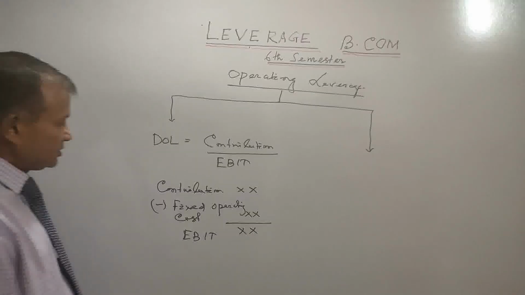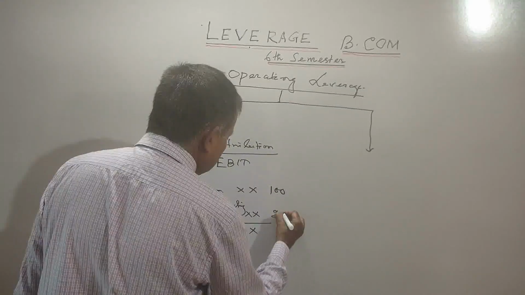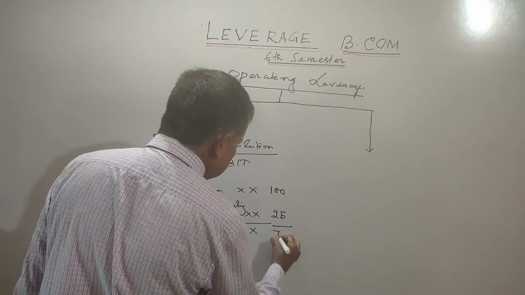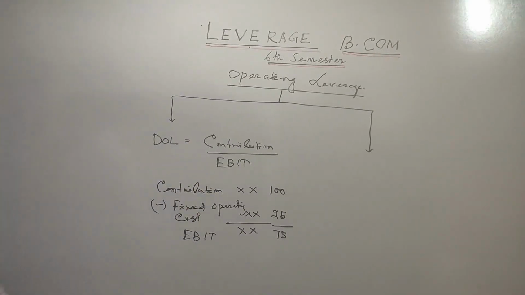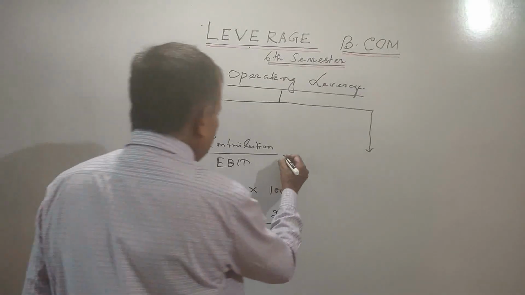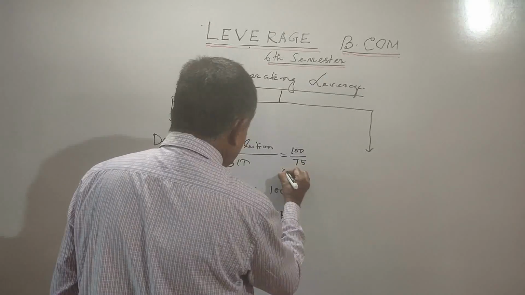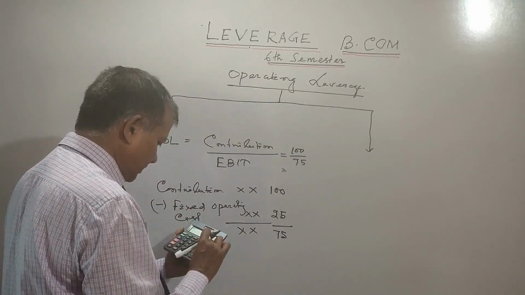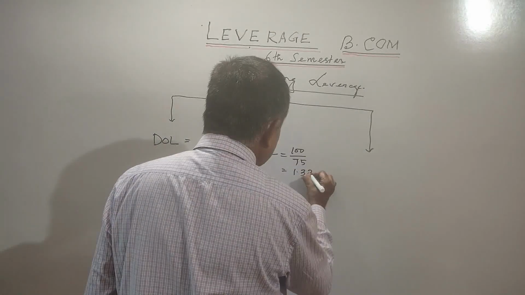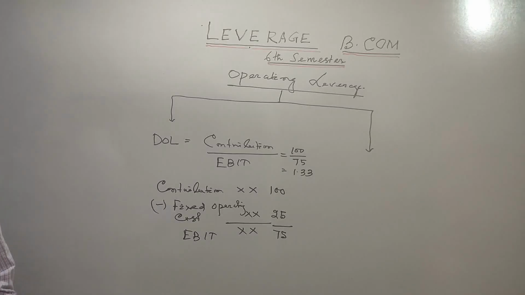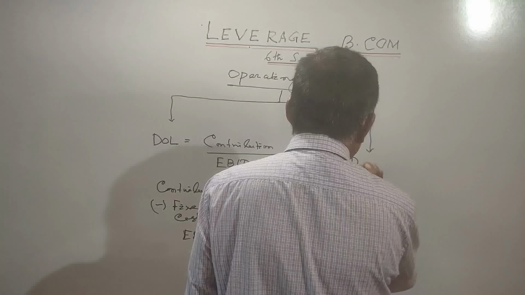Suppose contribution is 100 and fixed cost is 25, then EBIT is 75. So degree of operating leverage will be 100 by 75. This is an example. 100 by 75 comes to 1.33.